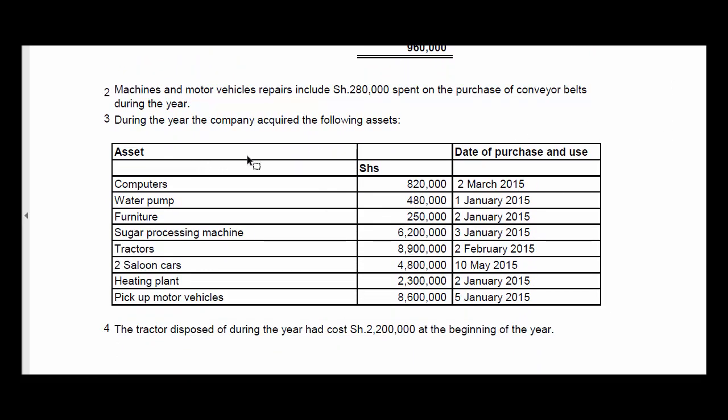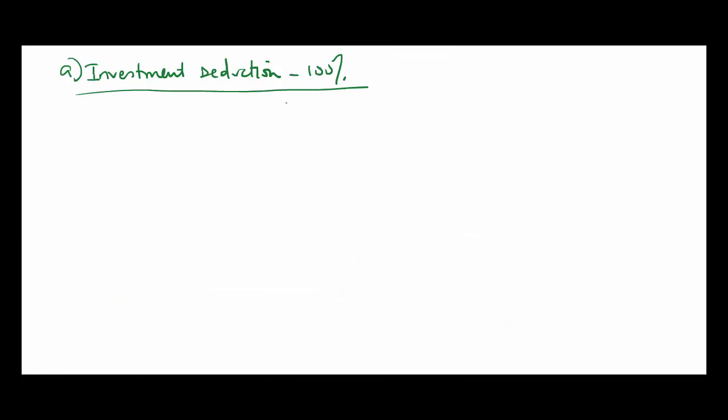Let's look at note number 3. That's where now all the stories are. So computers are not, water pump is, furniture is not, sugar processing machine is, tractors are not, saloon cars are not, heating plant is, pickup motor vehicle is not. So let's start by looking at that. What are the assets that qualify?